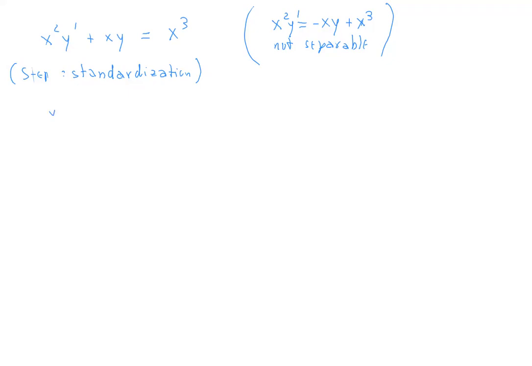So what do we get? Y prime plus 1 over x times y is equal to x. I divide it through by x squared. Is everybody with me so far?